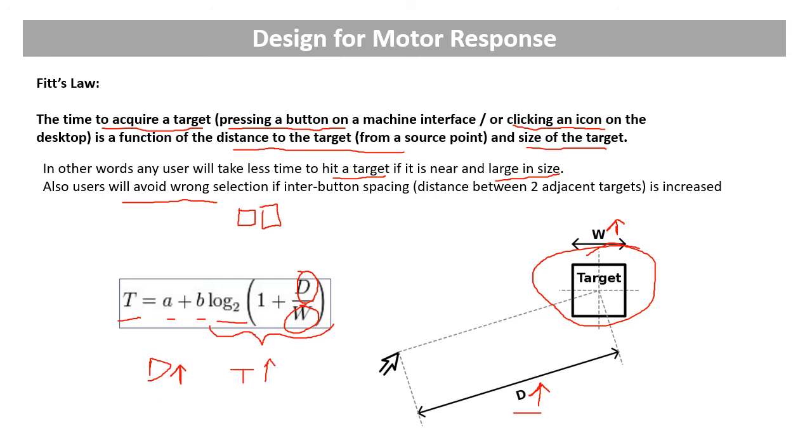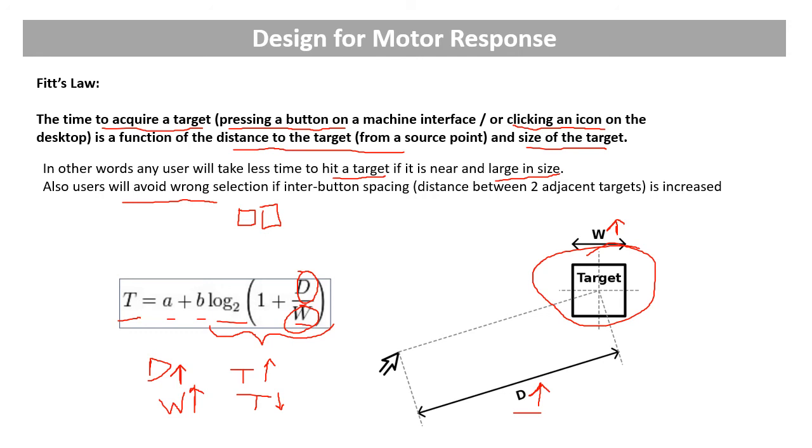And if W, which is the width of the icon, increases, then what will happen? T will decrease, right? Because W is in the denominator.